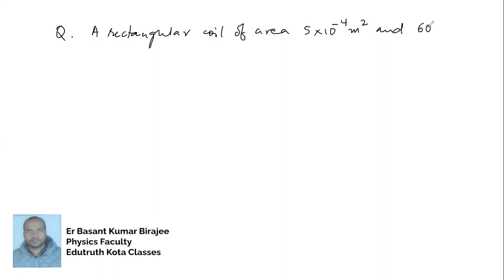So let's try a problem. We have a rectangular coil of area 5 into 10 to the power minus 4 meter square, and number of turns is 60 turns, about one of its vertical side.